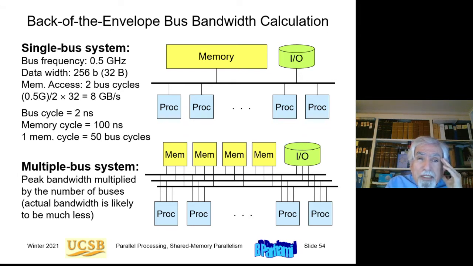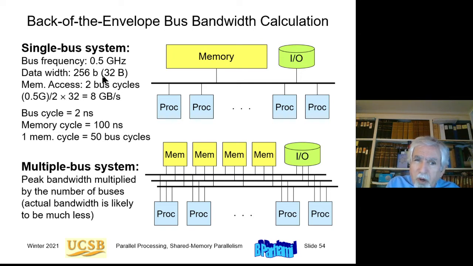Okay, so if you have a single bus system, this is a sort of back of the envelope calculation to show you that performance will be limited by this single bus. So let's say we have a bus frequency of 0.5 gigahertz, meaning a 2 nanosecond bus cycle. Let's say data width is 256 bits or 32 bytes.